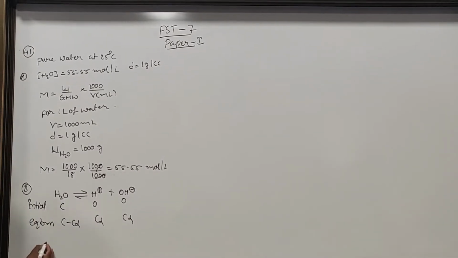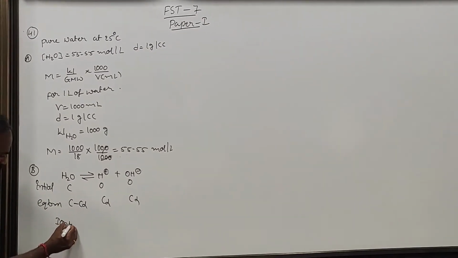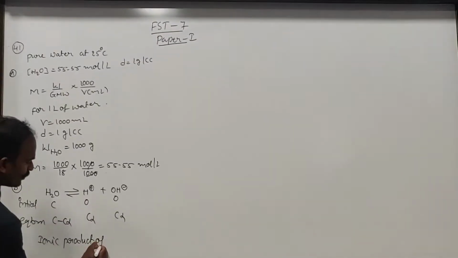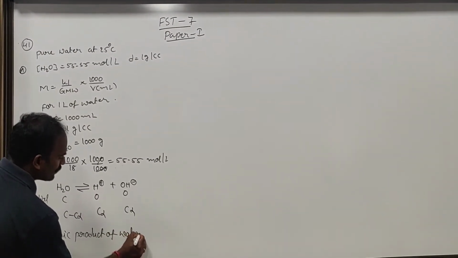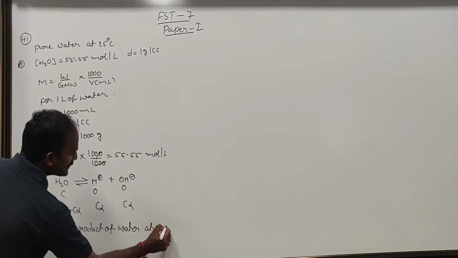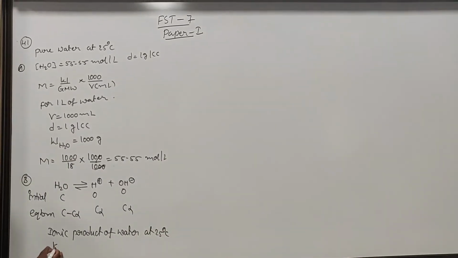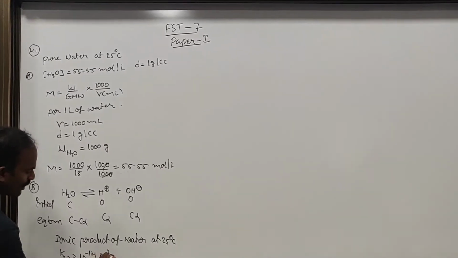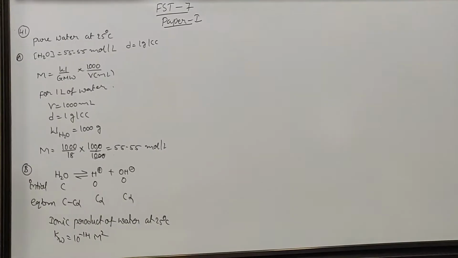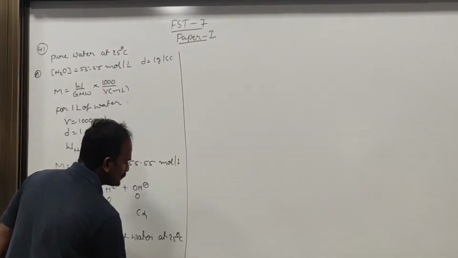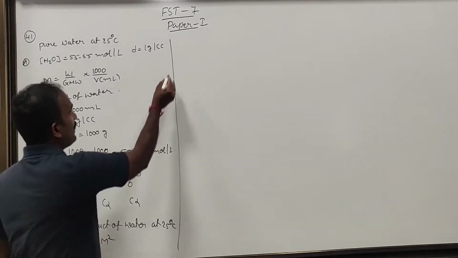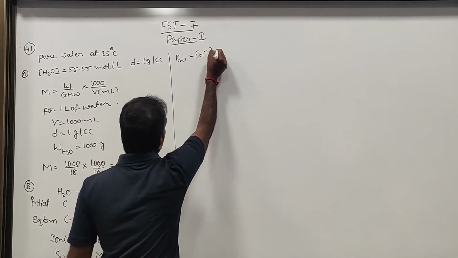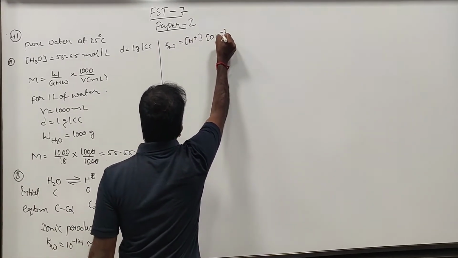As we all know, the ionic product of water at 25 degrees Celsius, Kw is equal to 10 power minus 14 molar square. Now, this is ionic product of water, Kw is equal to concentration of H plus into concentration of OH minus.